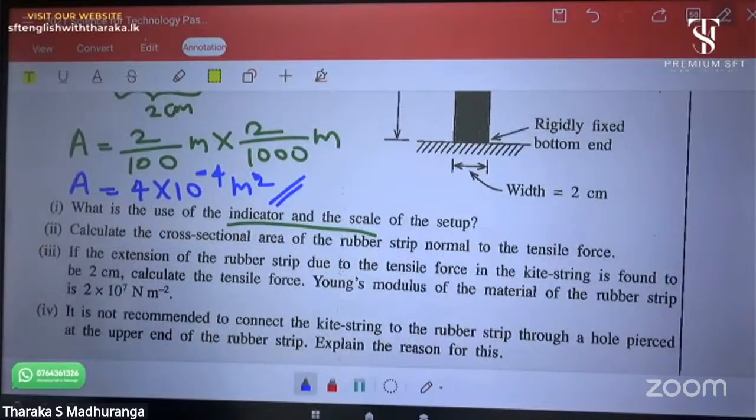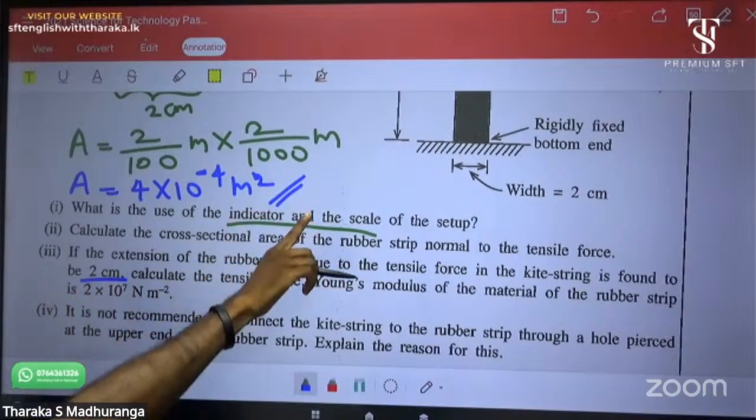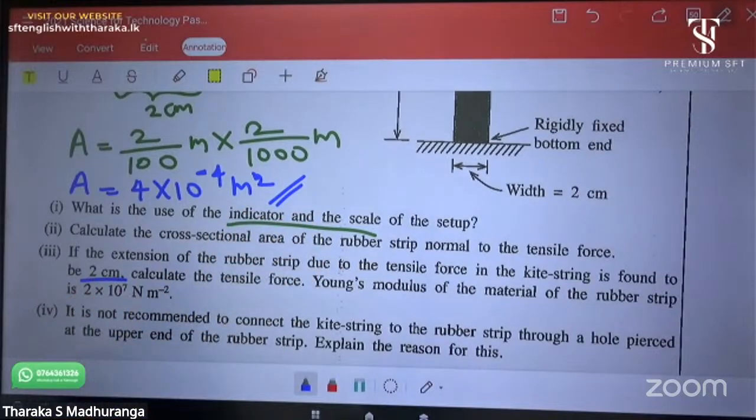The next part is very simple. If the extension of the rubber strip due to the tensile force of the kite string is found to be 2 centimeter, calculate the tensile force.